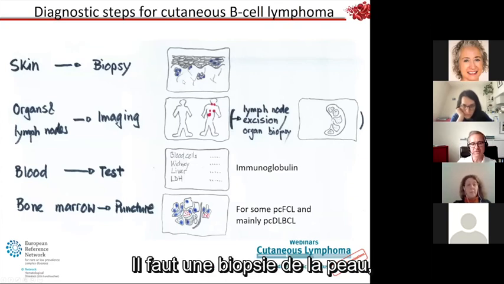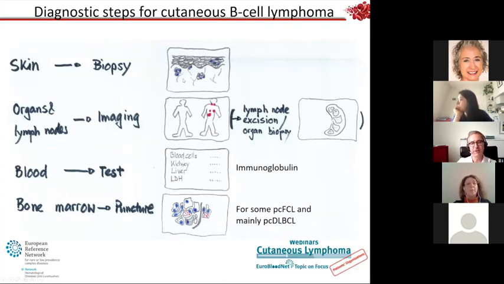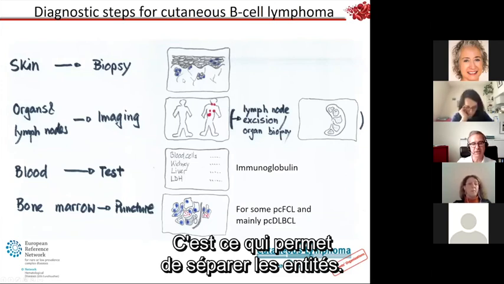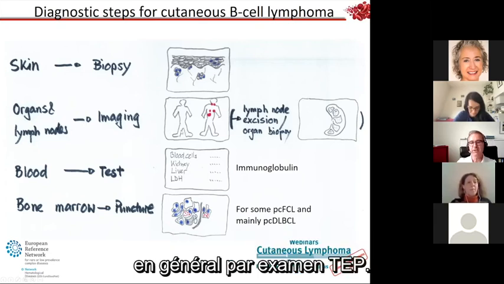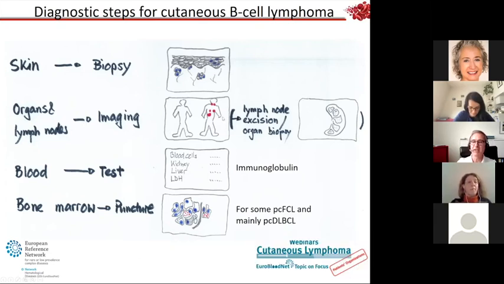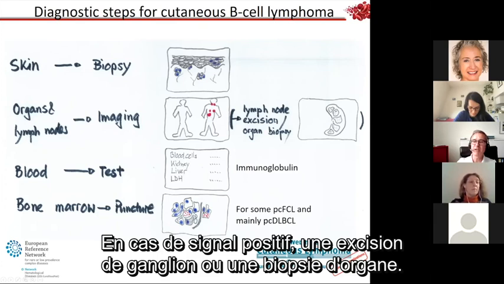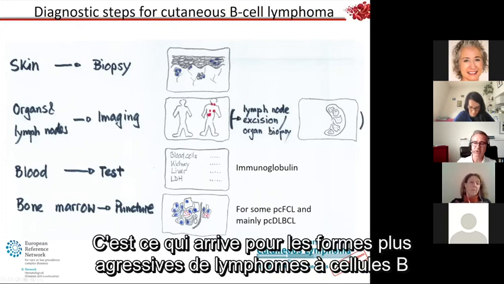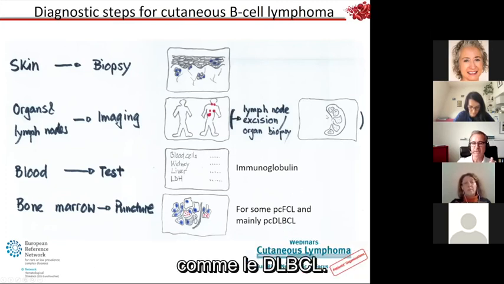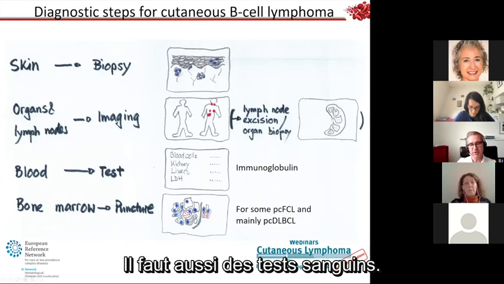Again, the diagnostic steps I have discussed before. We have to do a skin biopsy. That helps us separate the entities from each other. We have to check for dissemination into the body. That's usually with a PET scan. If we see a positive signal, we have to do lymph node excision or organ biopsies. That may occur in the more aggressive forms of B-cell lymphomas, the so-called DLBCL. We also have to do blood tests.